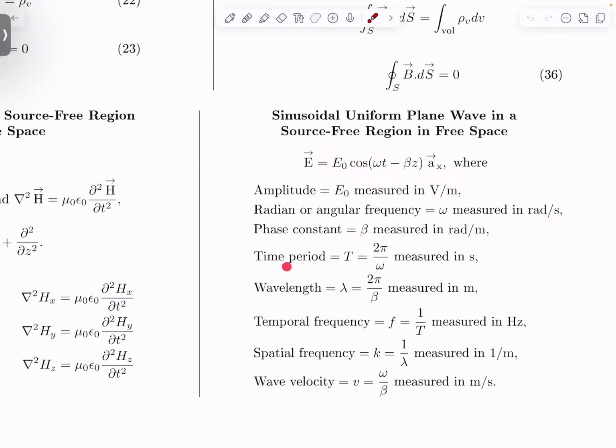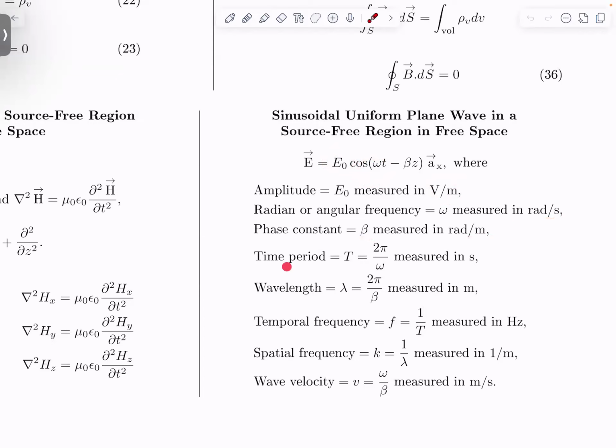If we pick pi by 3 for this overall value, then that will be like tracking this particular point, 0.5. If we pick some other value for omega t minus beta z, some other constant, then we might be tracking some other point, maybe over here, maybe over here. It could be anywhere. There are an infinite number of constants that we could pick, and corresponding to that, there will be an infinite number of points on the waveform that we can track.